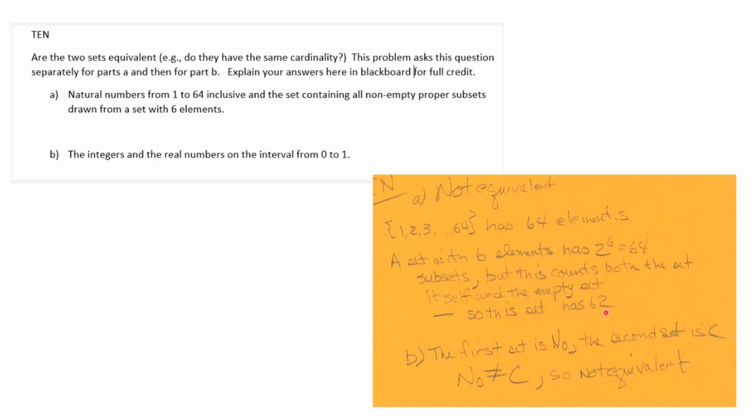These were not equivalent because one had 62, the other had 64. And again, you're supposed to be explaining this for full credit. And the integers is what we called aleph null, and we proved in class that the second set was C, and that C was not equal to aleph null, and so it is not equivalent.